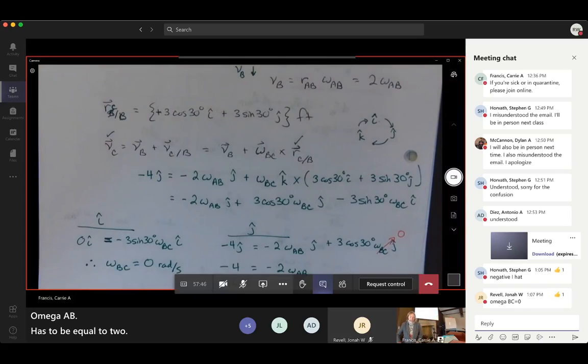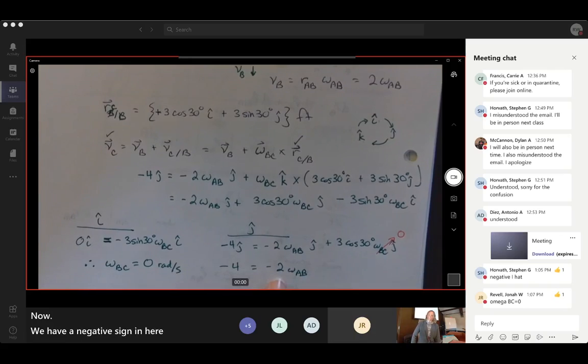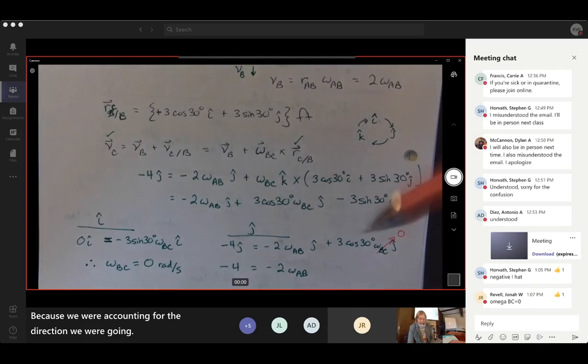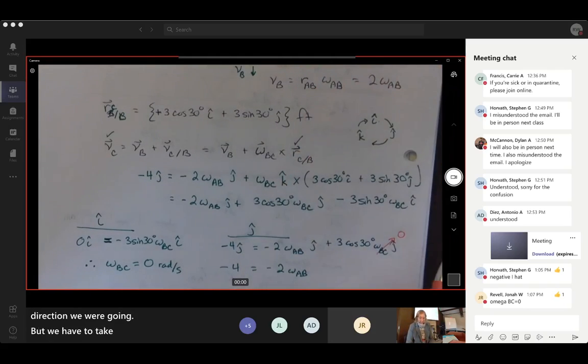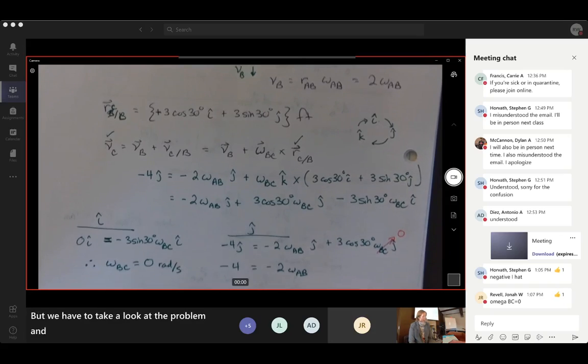Now, we have a negative sign in here because we were accounting for the direction we were going. But we have to take a look at the problem and decide whether omega AB should be positive or negative with our rotation.